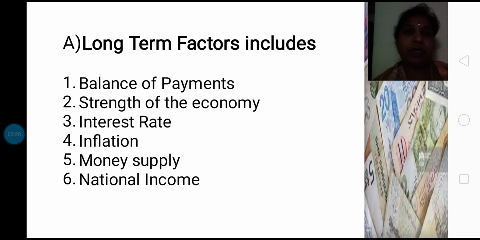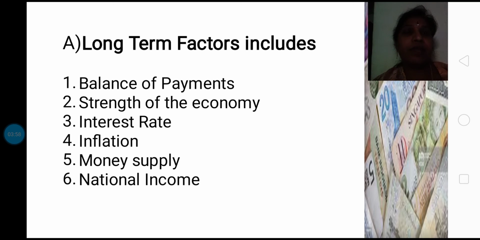Capital account is long-term assets that are involved in the transaction, investments, etc. Mainly the current account reflects the country's net income, while capital account reflects the net change in the ownership of national assets. So it mainly depends on the long run. So balance of payment will determine the exchange rate.